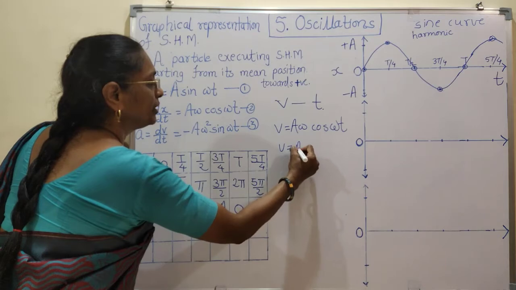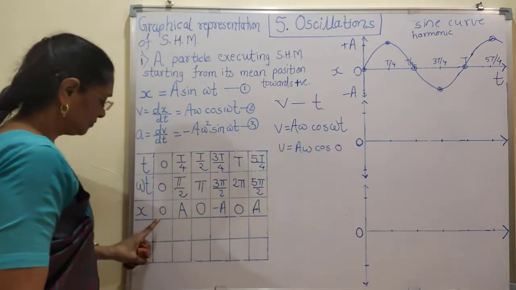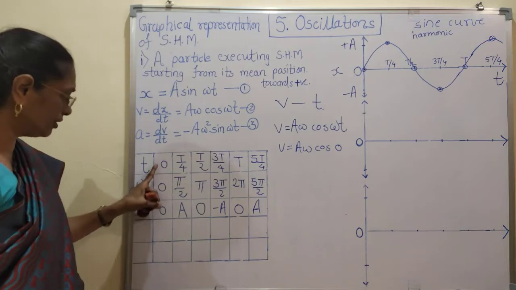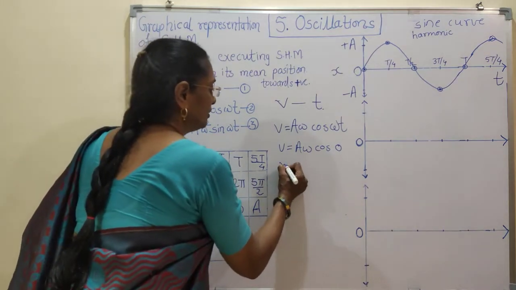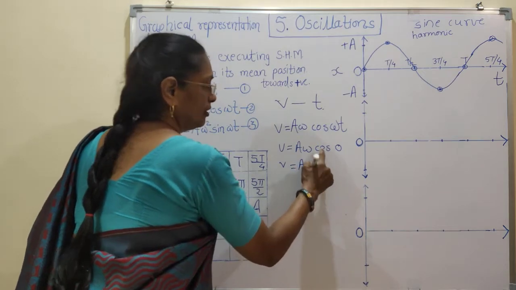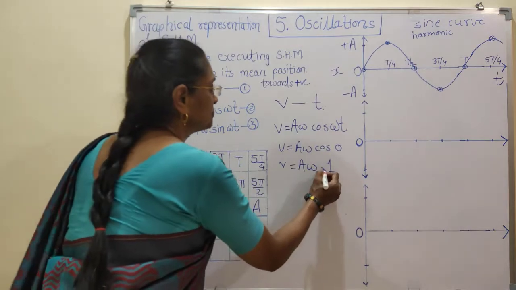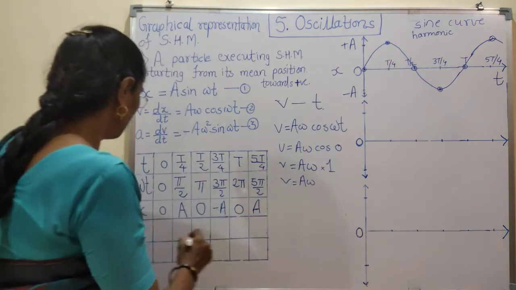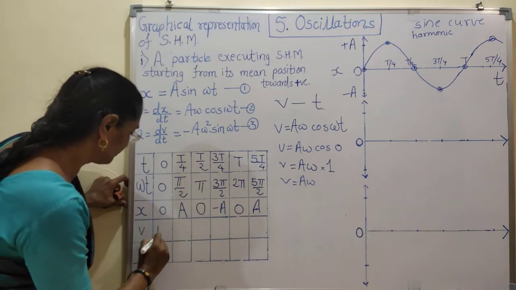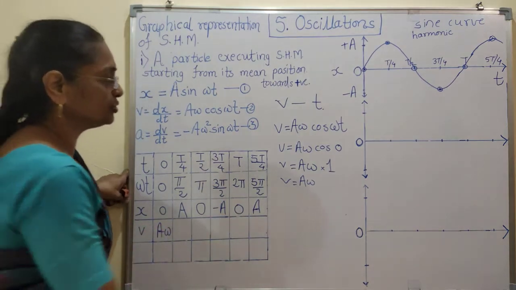Here v is equal to a omega cos omega t, the first value of omega t is 0. If we substitute it, v is equal to a omega cos 0, which is 1. So the first value of v is a omega, and it is positive.